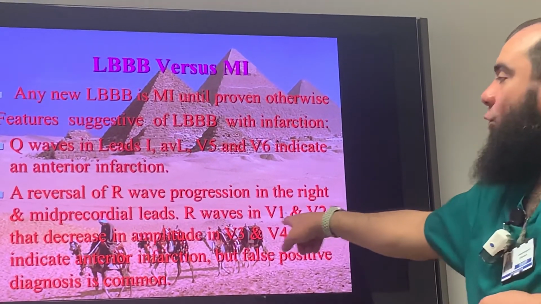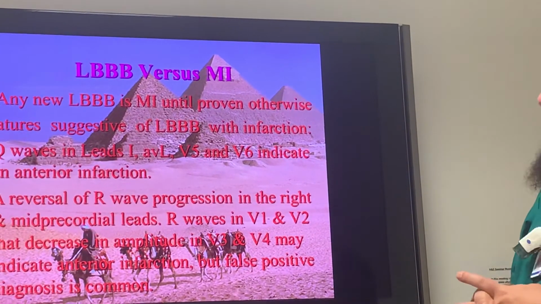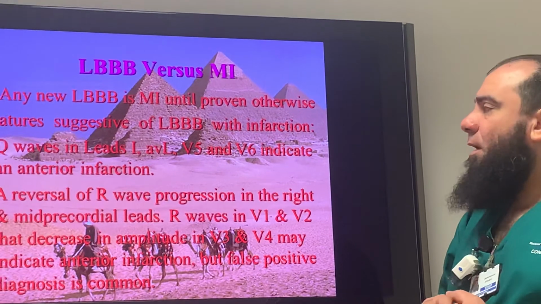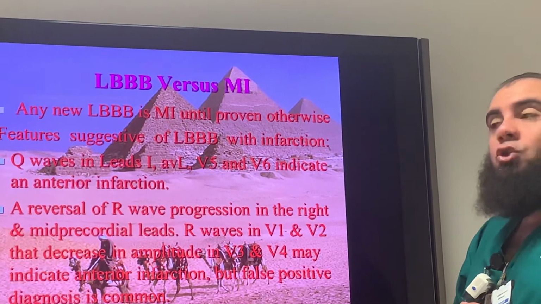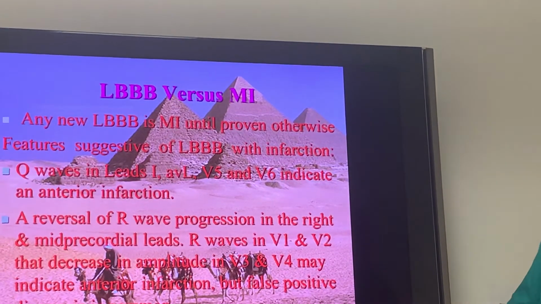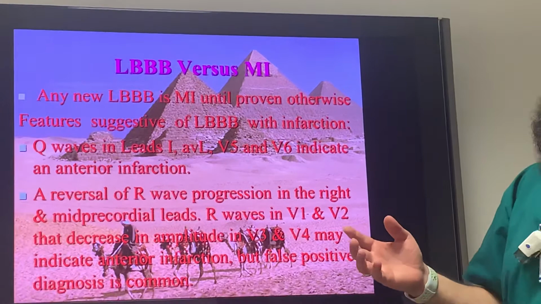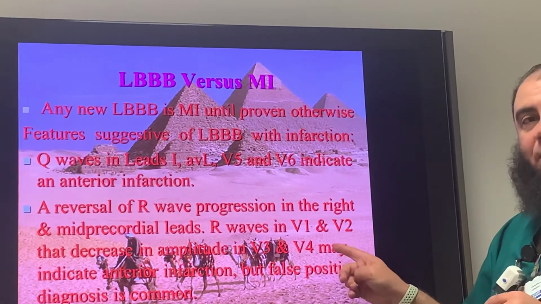R wave in V1 and V2 that decreases in amplitude in V2 and V3 may indicate anterior infarction, but false positive diagnosis is common. That's why this criteria is a bit vague and non-specific. So they came up with more specific criteria, which is Sgarbossa criteria. And in fact, they came up with other criteria, as I told you earlier, but later on.